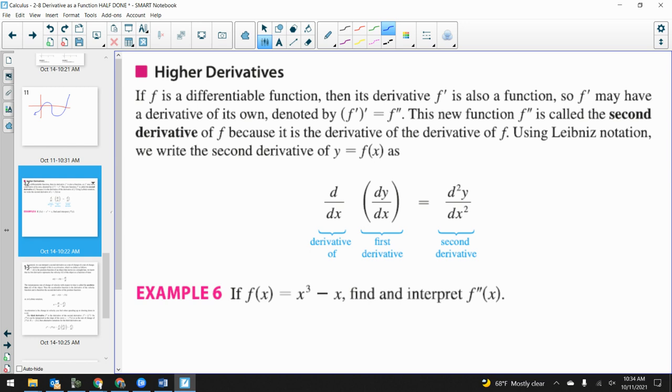So that must mean that if we find the derivative of f prime, we can find f double prime, or f triple prime, and then you keep just adding apostrophes up there. How does that look in the other type of notation? You would just write it like the dy over dx notation, d squared y over dx squared. It's the second derivative of that function of y as it pertains to x.